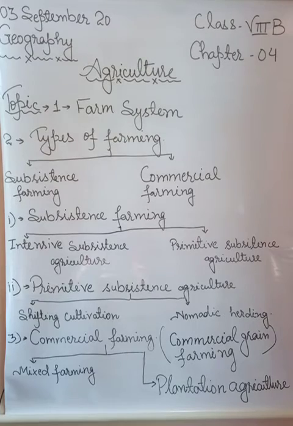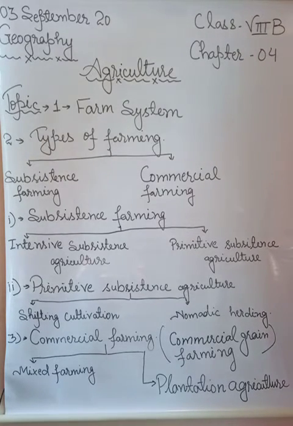Alright. So students, what is intensive subsistence agriculture? In this type of farming, the farmer cultivates a small plot of land using very simple tools and a large number of laborers to do agriculture activity.